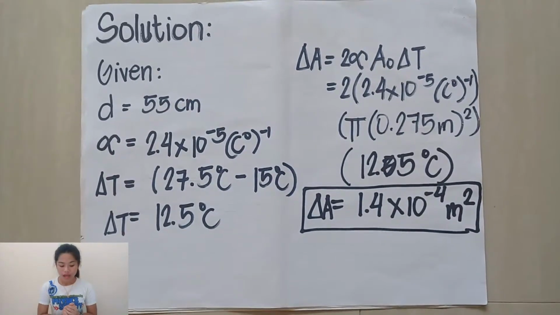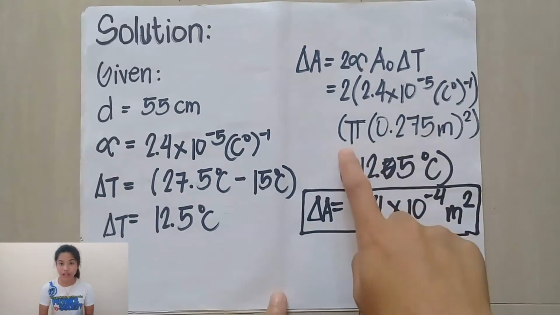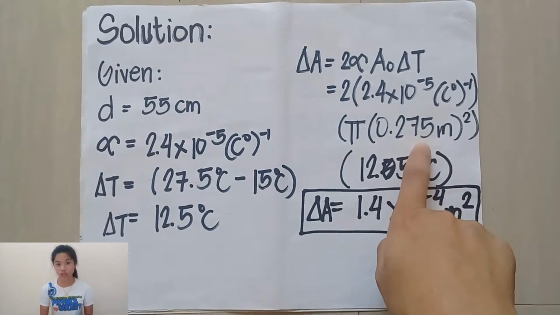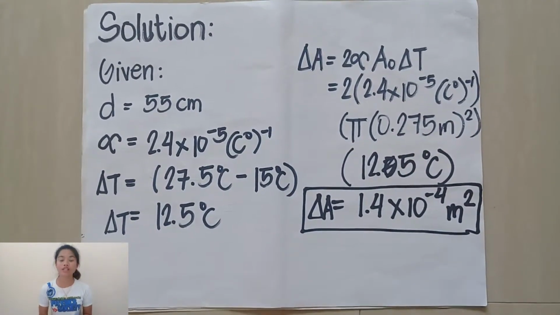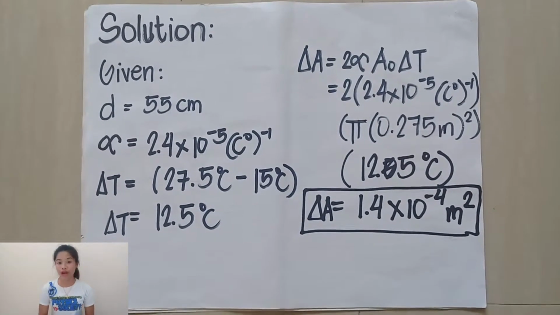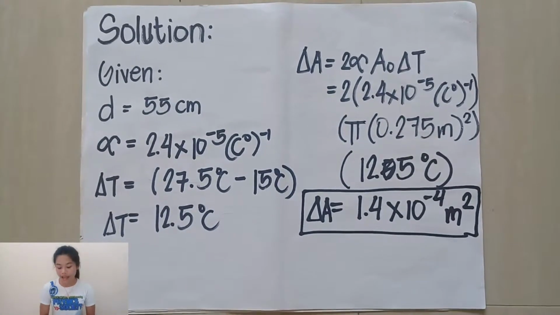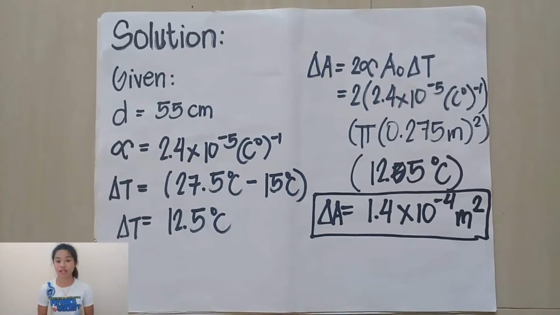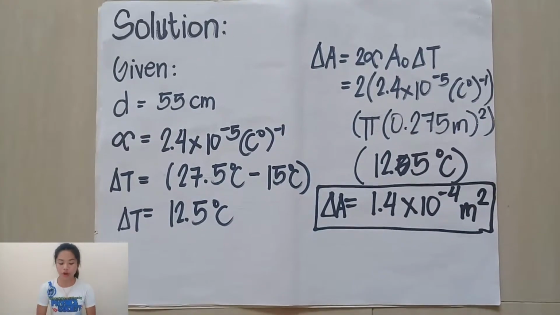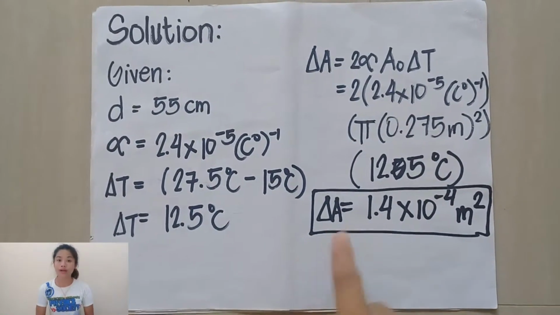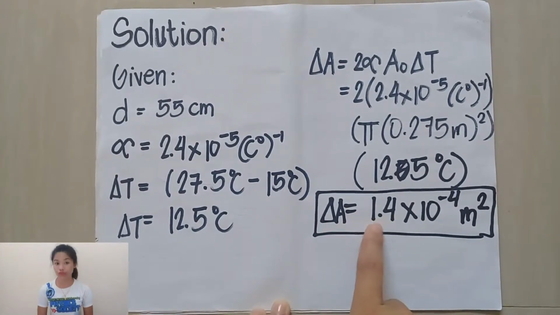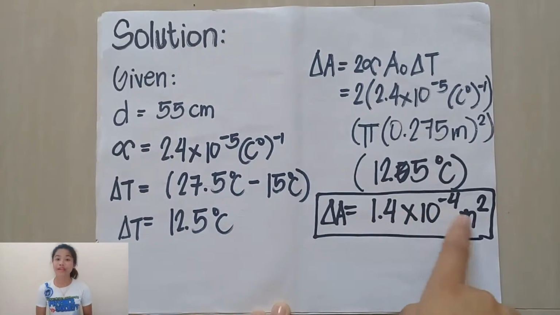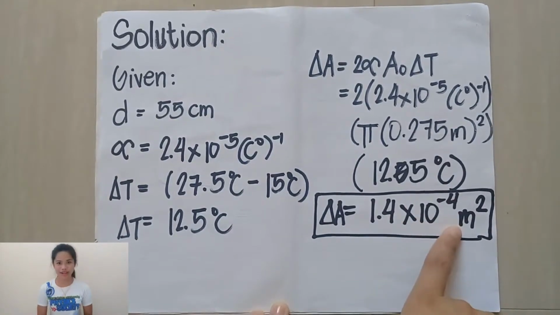So the diameter, you will convert that into meters, then use the formula of pi r squared. So, pi times 0.275 meter squared times 12.5 degrees Celsius, which is the delta T. As a result, our delta A, or change in area, is equal to 1.4 times 10 to the power of negative 4 meters squared.